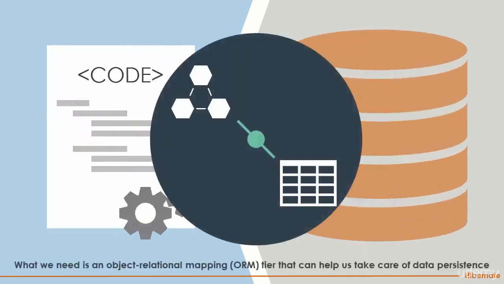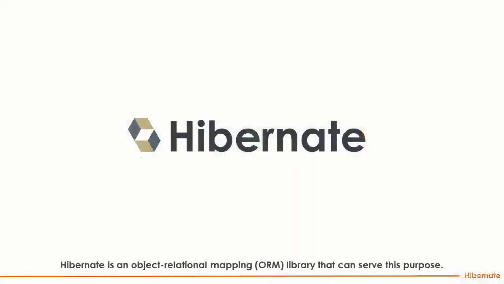To solve this problem, we need object relational mapping, or ORM for short. Object relational mapping is a tier that helps you translate your objects in Java into the relational model, which you can save into the database. And the most famous object relational mapping framework in Java should be Hibernate.